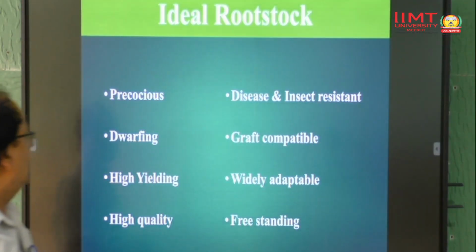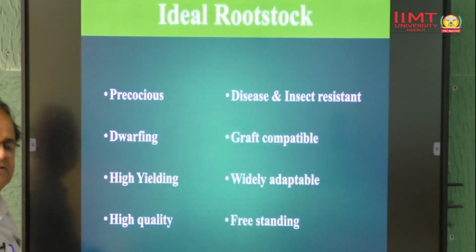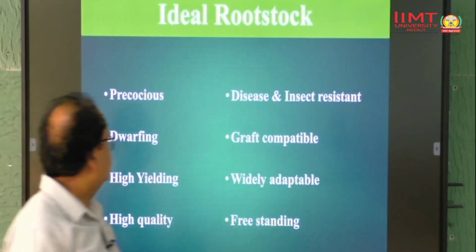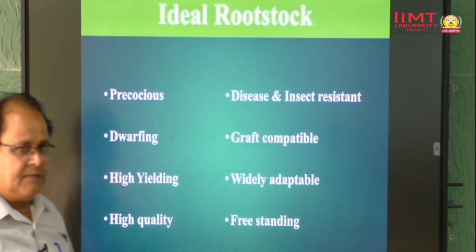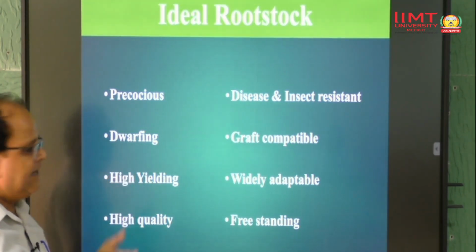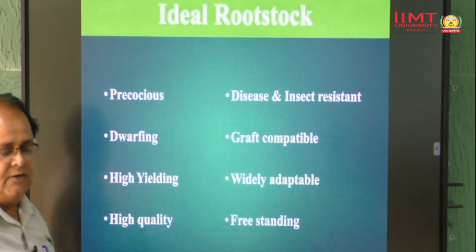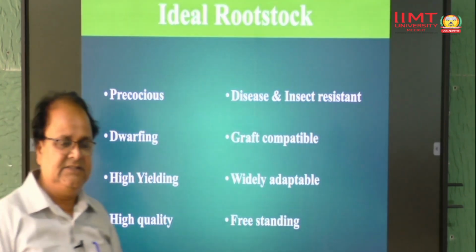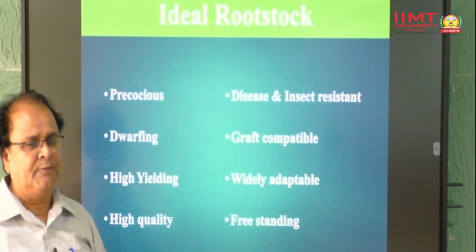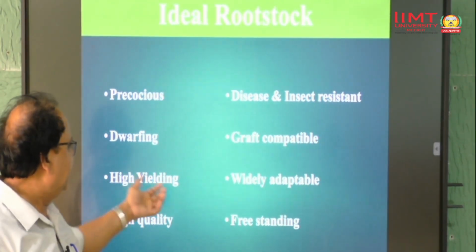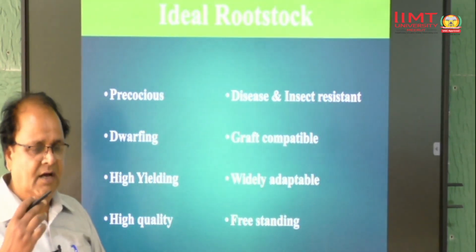These are the different characteristics of the rootstock. First, a precocious rootstock is used for extra production technology. Dwarfing characteristics are most sought in current science, as horticulturists need dwarf plants for high production capacity. High yielding capacity is a characteristic of rootstock and scion. High quality, and resistance to disease and insects, are also needed.